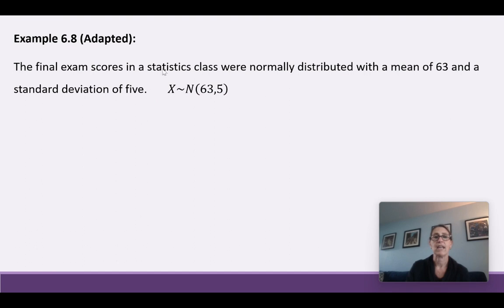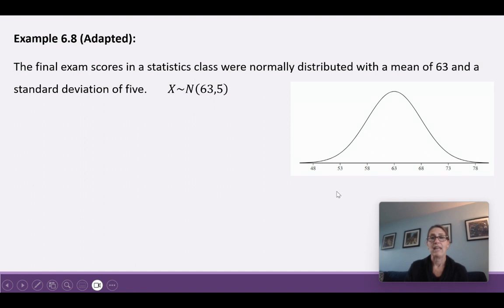So that's indicated here with x as a random variable with a normal distribution with a mean of 63 and a standard deviation of 5. And this is what it looks like if we graph it. So here's 63, our mean. Each one of these sections is 1 standard deviation away. So 5 units, 5 units, 5 units to the right, 5 units, 5 units, 5 units to the left.